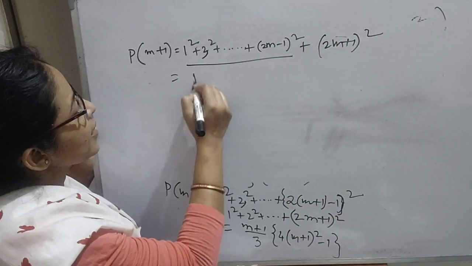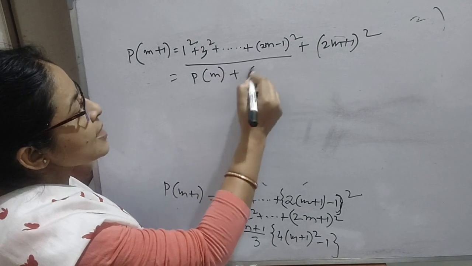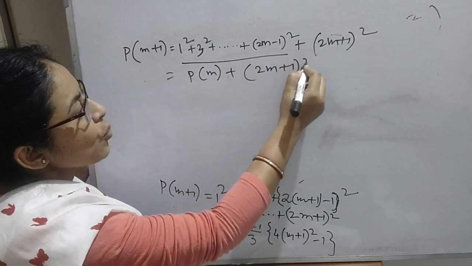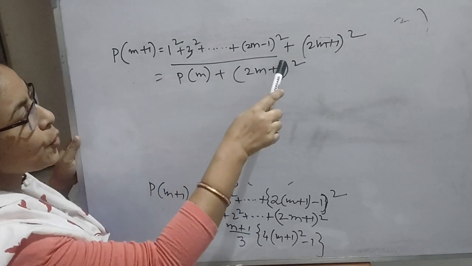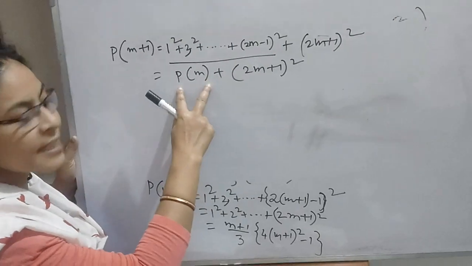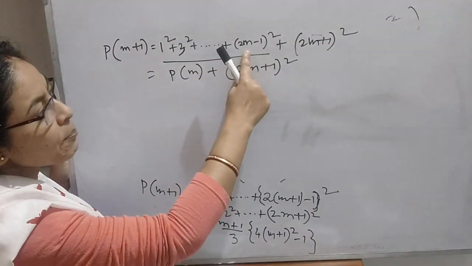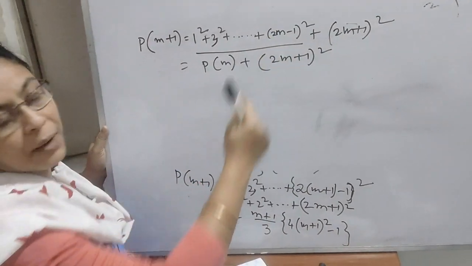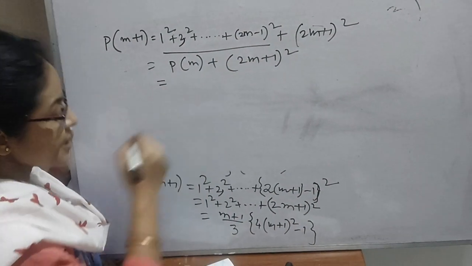From here to here, this equal to Pm, which is the previous term of this term. So Pm plus (2m plus 1) square.